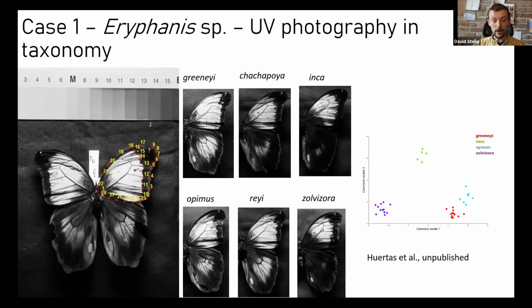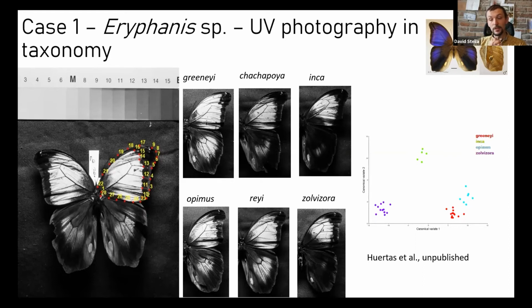So case number one is this nice tropical South American butterfly. It's like 20-25 centimeters wingspan, a nice, rare butterfly. The thing here is that the coloration of some species of butterflies looks very similar in visible light.